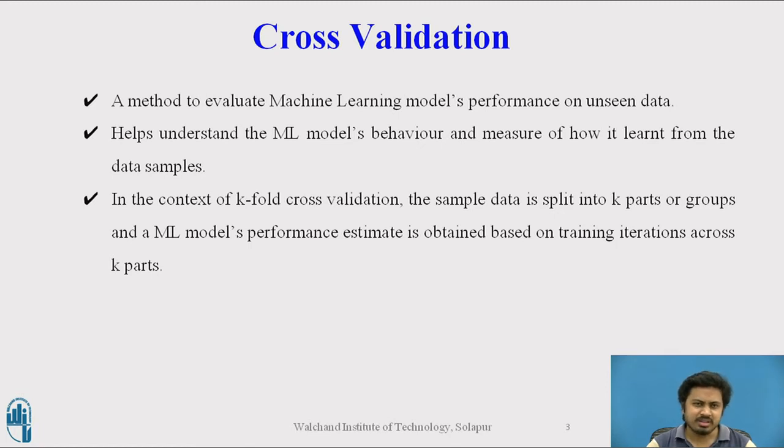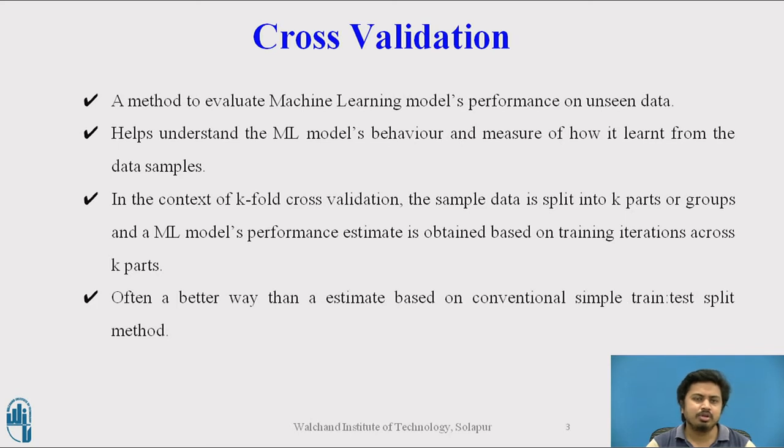So this is a general definition of cross validation, and often it is far better, more helpful and more insightful to the ML engineer as compared to the traditional train and test split method. In the traditional way, we split the data into train and test sets, train directly on that, and come up with a performance measure.